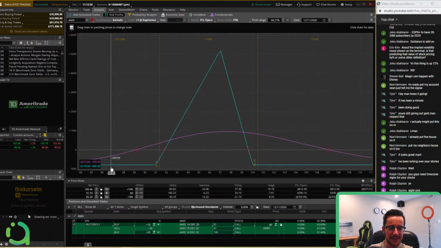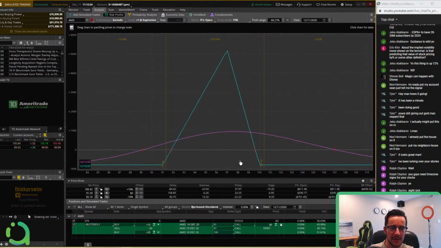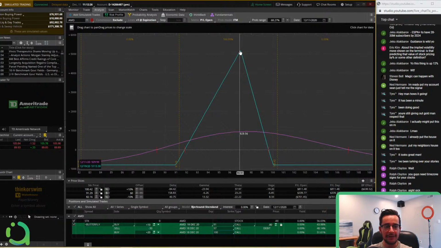We have a max risk of about $800 with a max payoff of about $5,000. So if we throw on this trade, we have a risk of $800 for a max payoff of a little over $5,000.